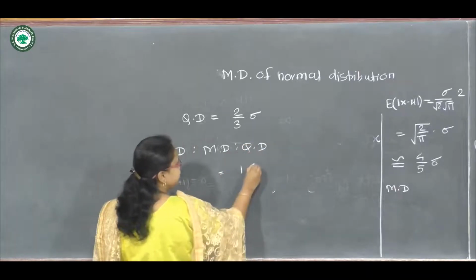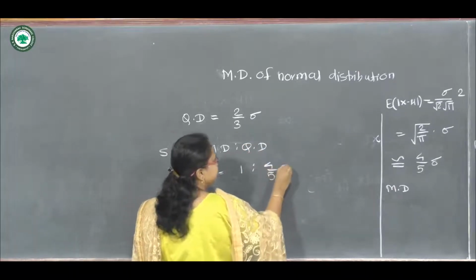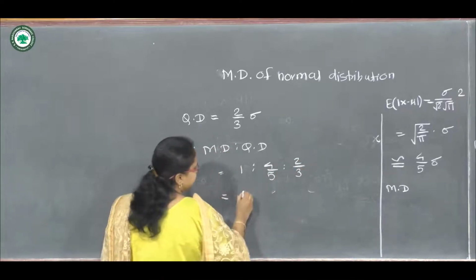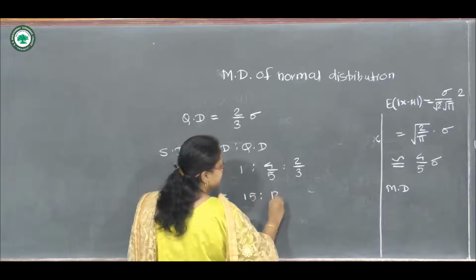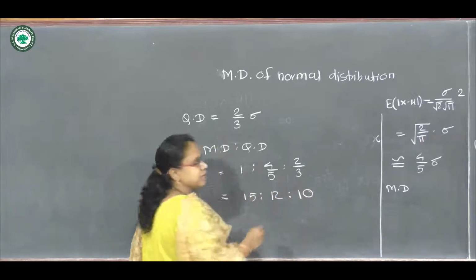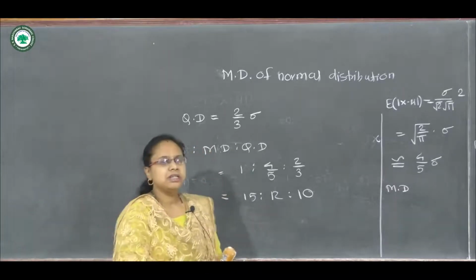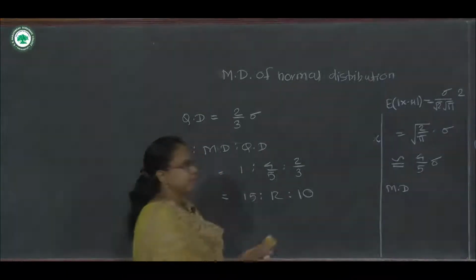So it will be 1 : 4/5 : 2/3 sigma. Then it will be 15 : 12 : 10. So in this way we can write down the relation between these deviations.